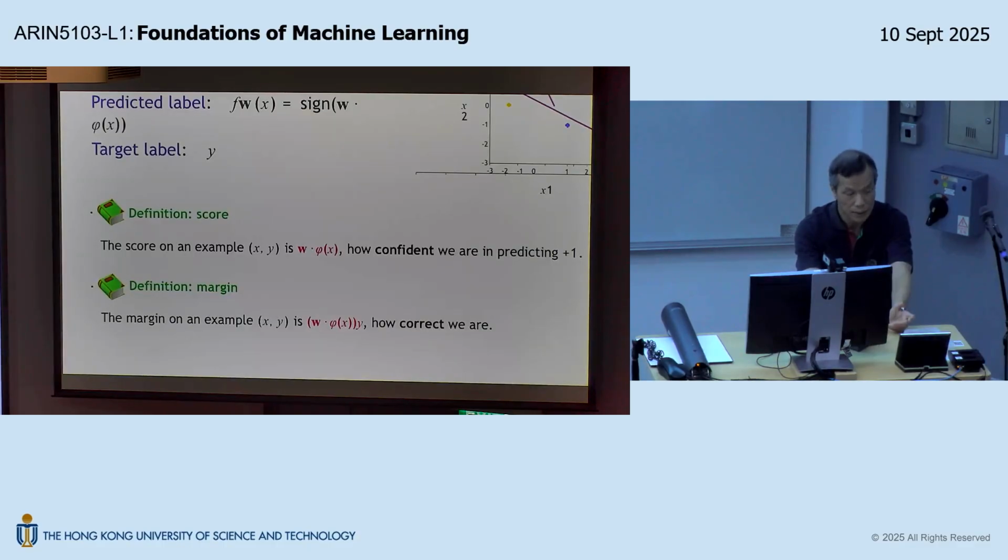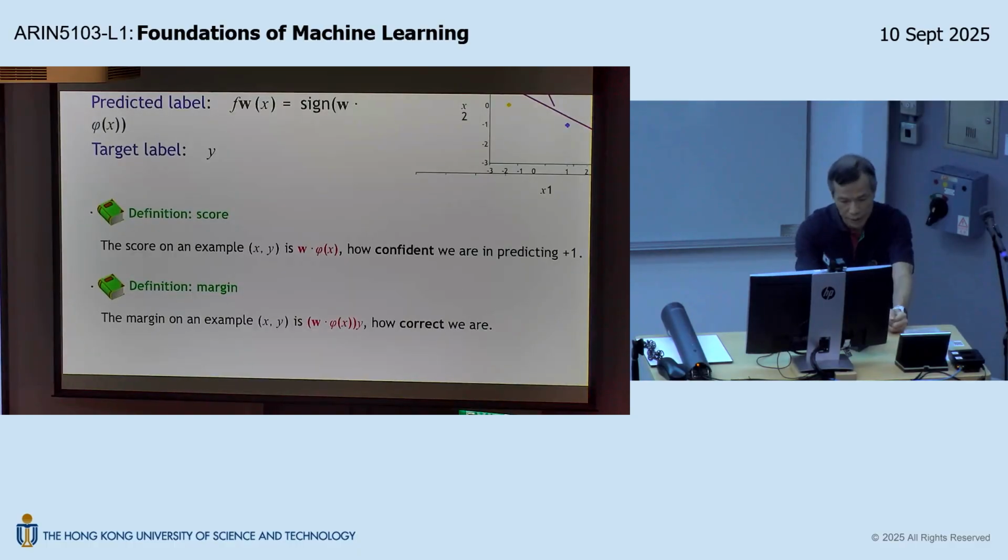Similarly, you think it is very likely to come from the minus class, so the dot product can be, say, minus 200. If you are right, then y will be equal to minus 1, and this product will be equal to 200. So if this number is very big, that means you are very correct, and sometimes we call this the margin.